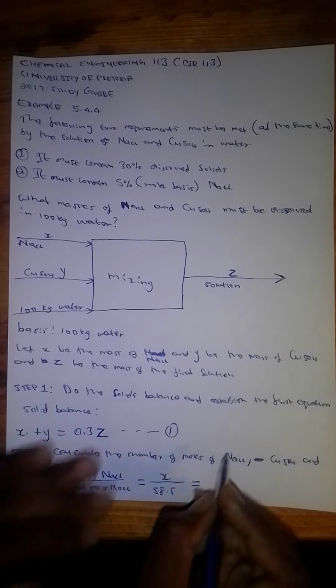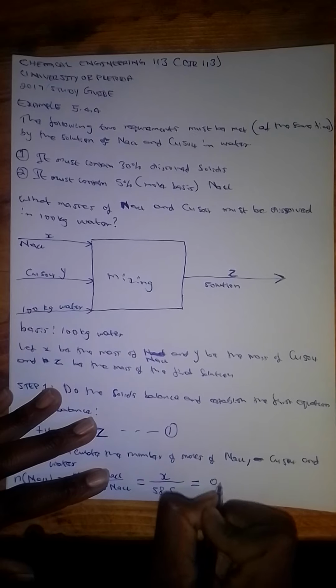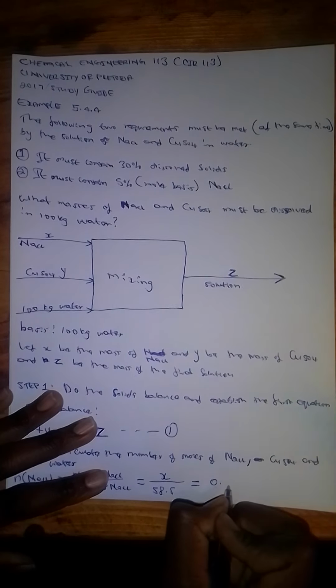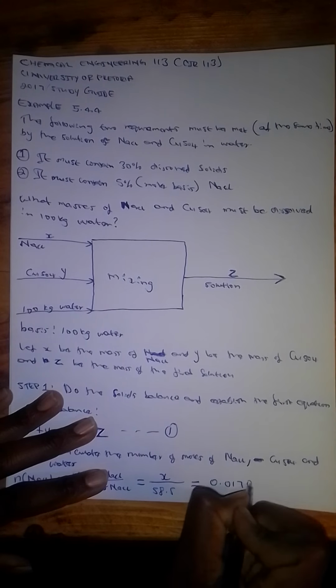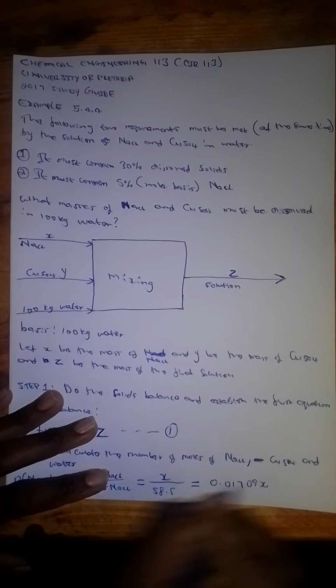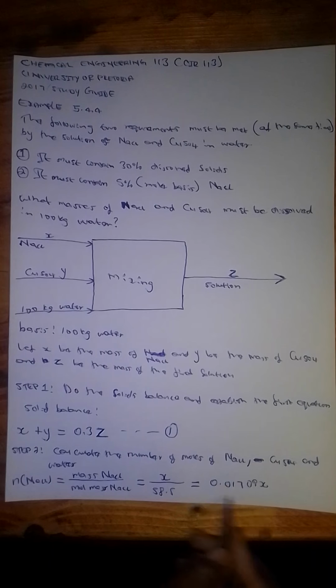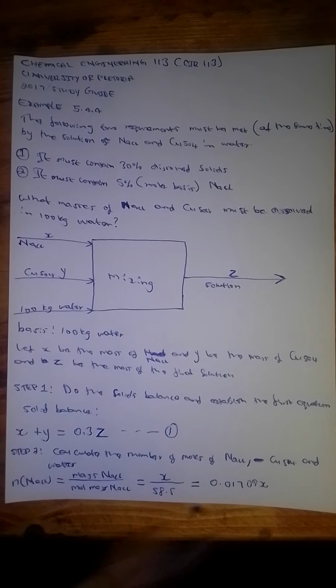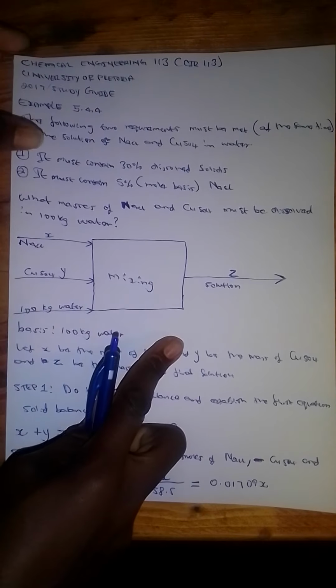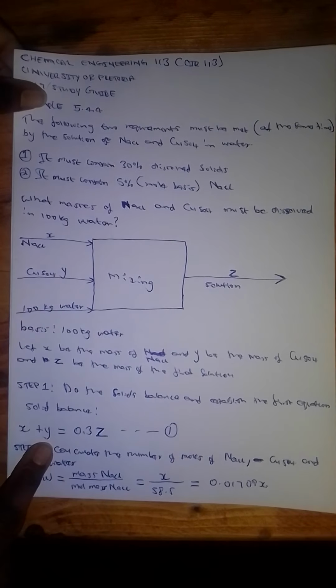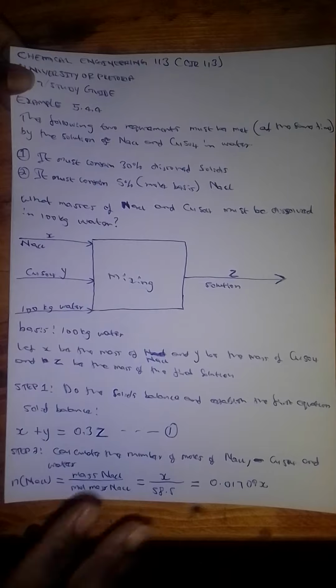So now when you solve that, it will give you 0.01709 X. So now this is actually the number of moles of NaCl in terms of X, which is actually the mass of NaCl. Now remember, in these steps we're actually calculating the number of moles of everything.